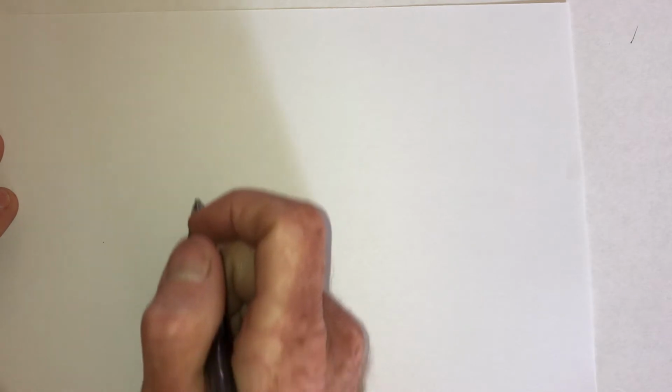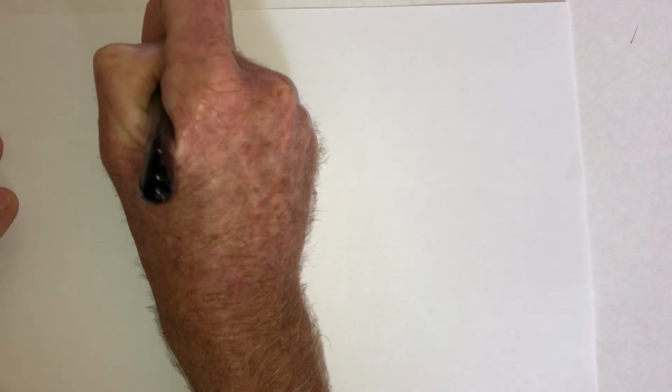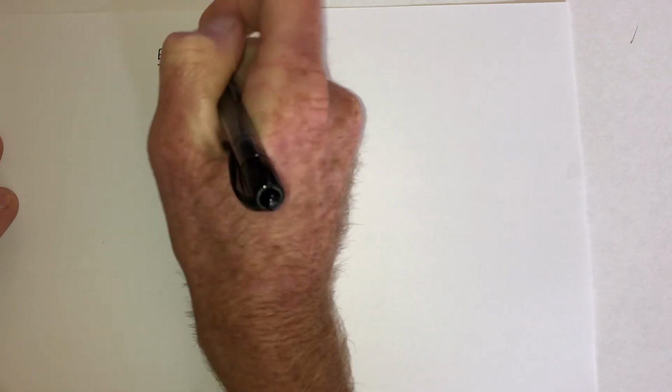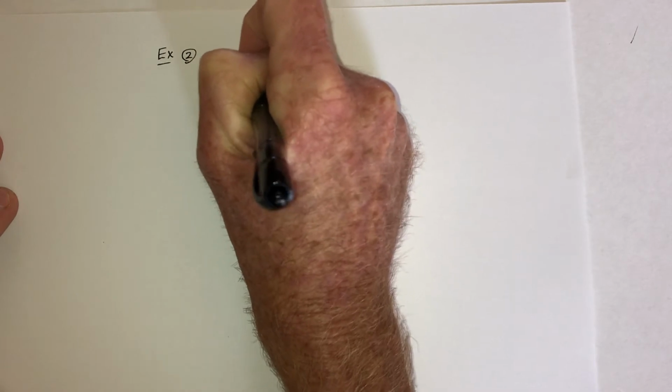Then for the next example, I'm going to throw in a little bit extra, which they don't actually cover in this section, but we do need to be able to do it, and then it's going to turn into one that is in this section. So for example number 2. You've got one surface, x squared equals 2y.